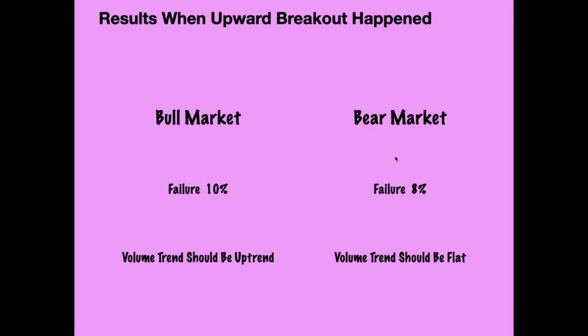Volume in a bull market upward breakout: the volume trend should be an uptrend, meaning volume should be increasing day by day as the pattern forms. Whereas in a bear market, it should be flat, meaning there shouldn't be any specific trend in the volume, neither increasing nor decreasing. It should be normal. Every day the volume is similar.